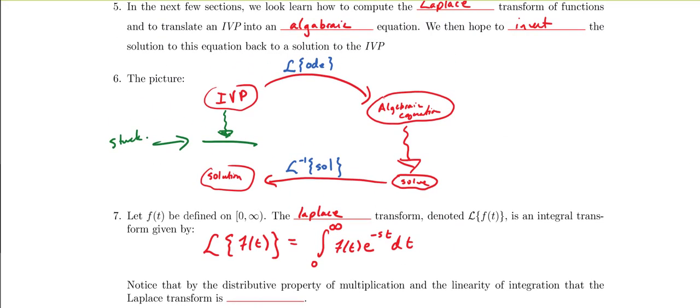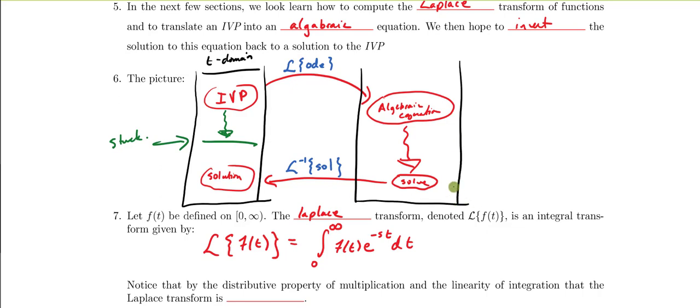A lot of times what you'll see when we do these problems is this space referred to as the t domain, and then this space referred to as the s domain. And I really don't want to, especially in this introduction video, get into what I mean by the t domain and the s domain. Instead, what I want you to think of is that we're going to take our initial value problem and convert it over to another space through the Laplace transform.